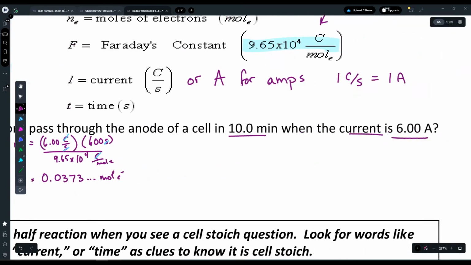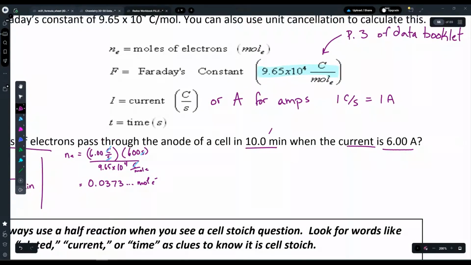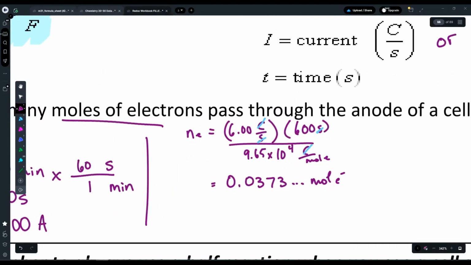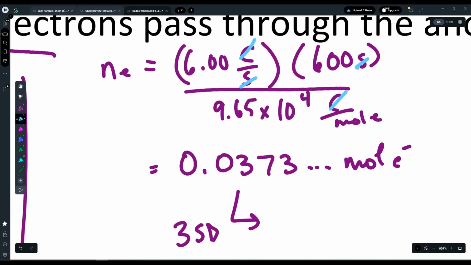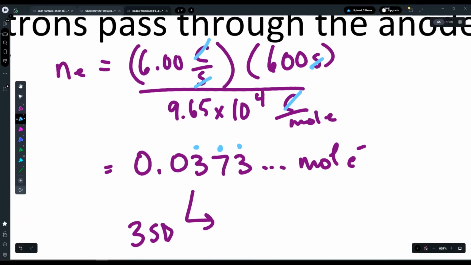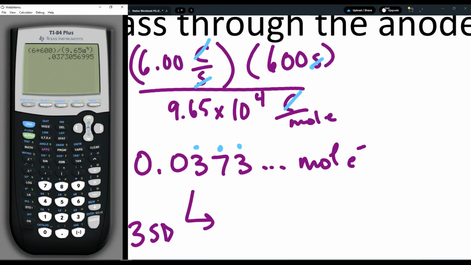Now, for every calculation, we've got to take care of sig digs. So this number has 3 sig digs, same as this number. So our answer needs to be put in 3 sig digs. Counting from the far left, remember, leading zeros don't count as sig digs, but the 3, 7, and the 3 do. Okay, so actually what I'm going to do, I just need one more digit.